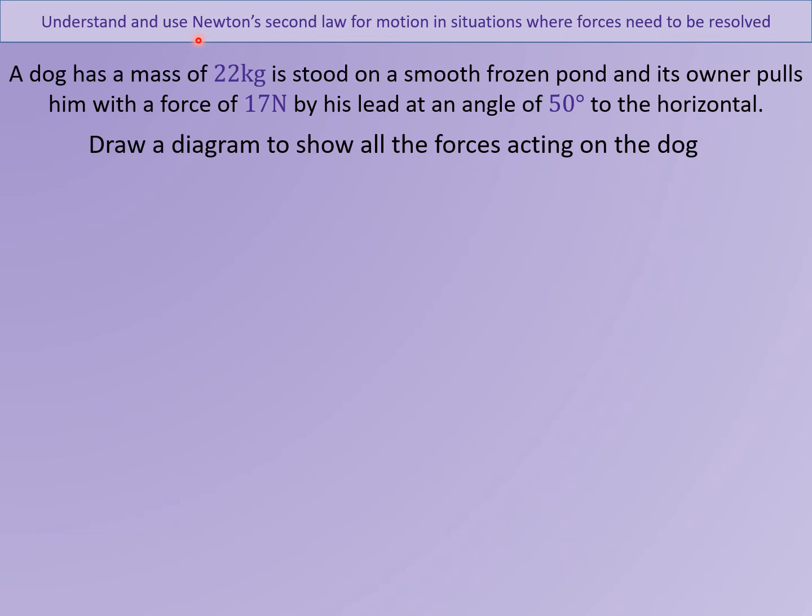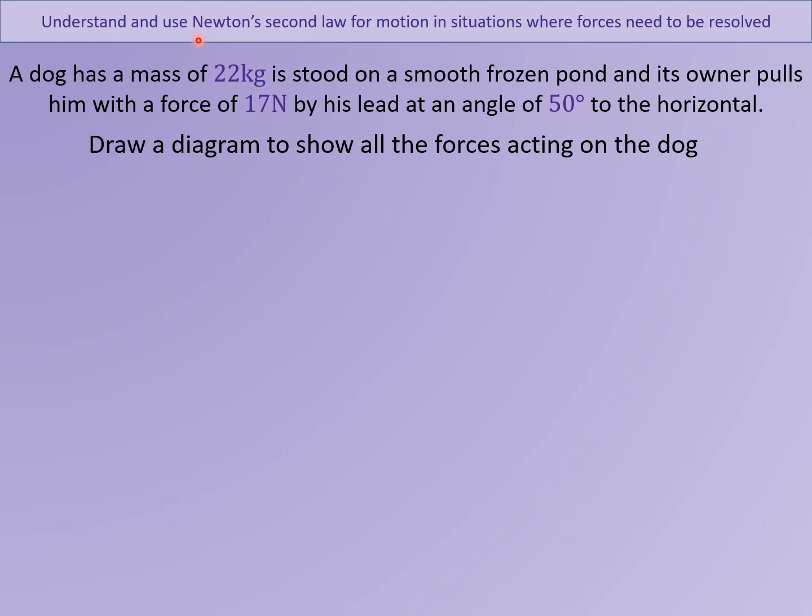There is no friction acting between the dog and the ground. So it means the dog can move smoothly and there will be nothing else stopping it from moving on the ground. So that's an important word there, smooth. It doesn't matter so much about the frozen part. It just makes it a bit more realistic that if it's on a frozen pond, for example, there wouldn't be any friction. It would just slide along.